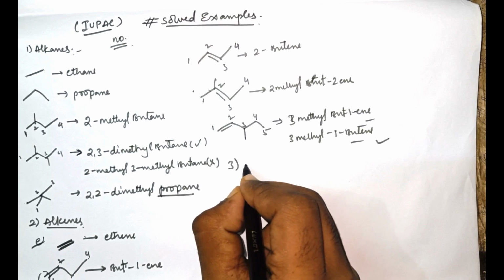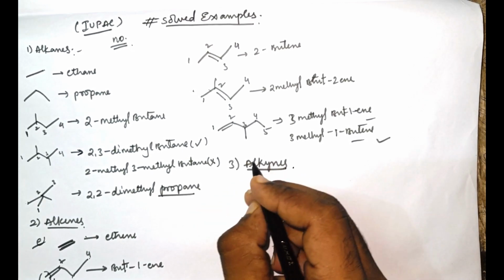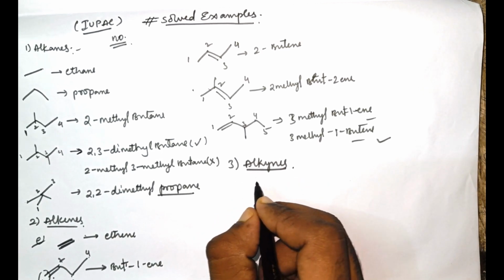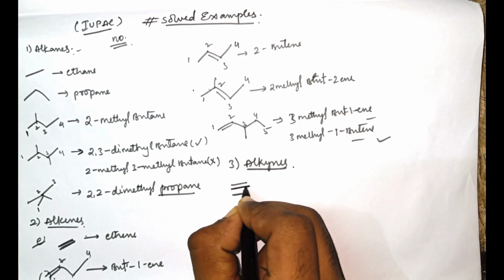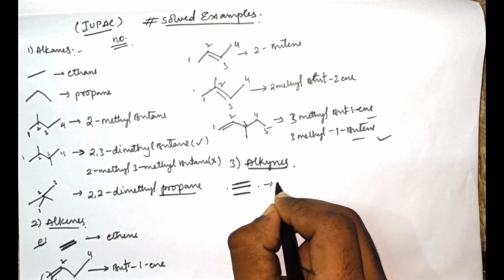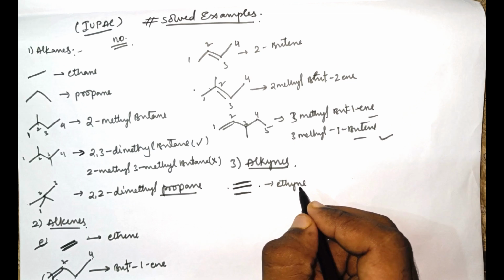And now let us take a few examples on alkynes, starting with ethyne. Why do you think this is called ethyne? 2 carbons, and hence an unsaturation of a triple bond is present. It's ethyne.